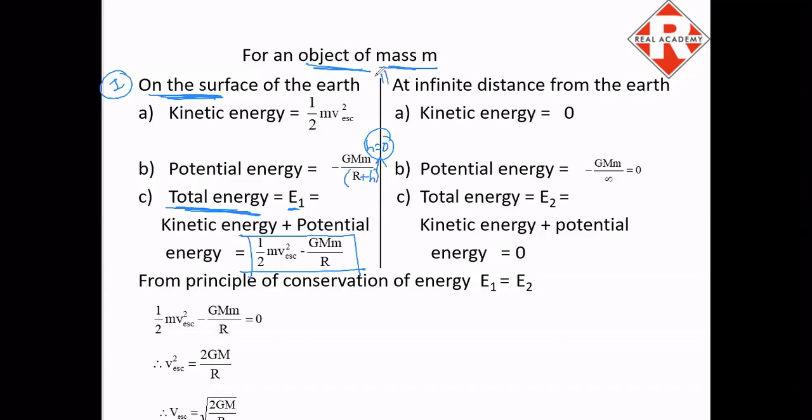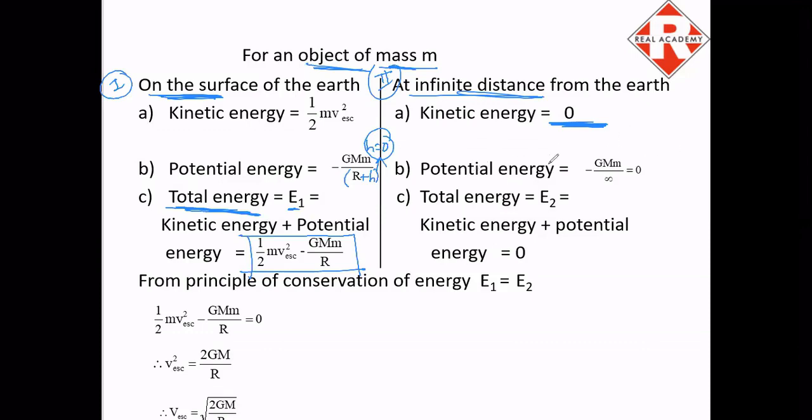Similarly, the second situation says when you throw the ball upwards such that it is at an infinite distance from the earth. Now, the second case states when the object is at an infinite distance from the earth. In that case, at infinite distance, velocity becomes zero, meaning the kinetic energy will become zero, right? Also, we just saw that at an infinite distance the force of gravitation becomes zero, and as a result the potential energy acting on it will also become zero.